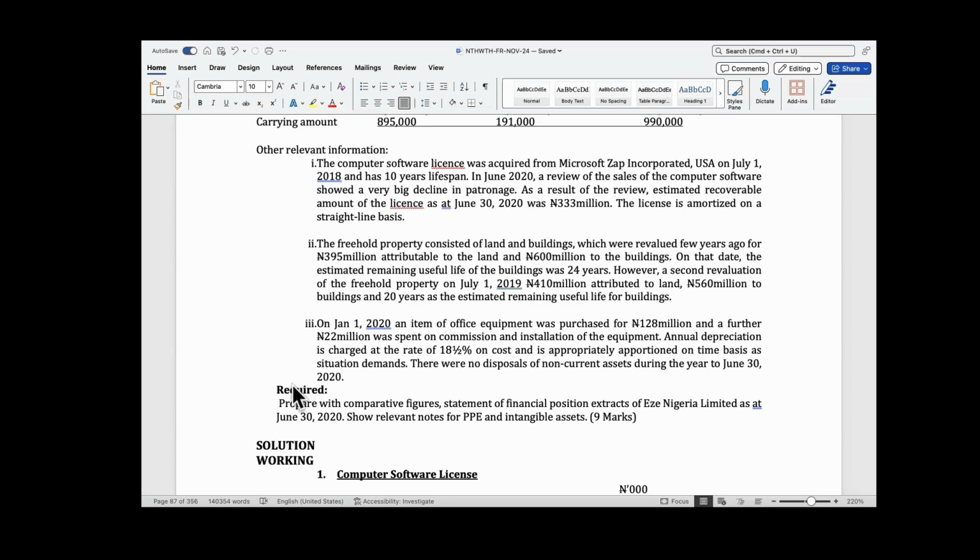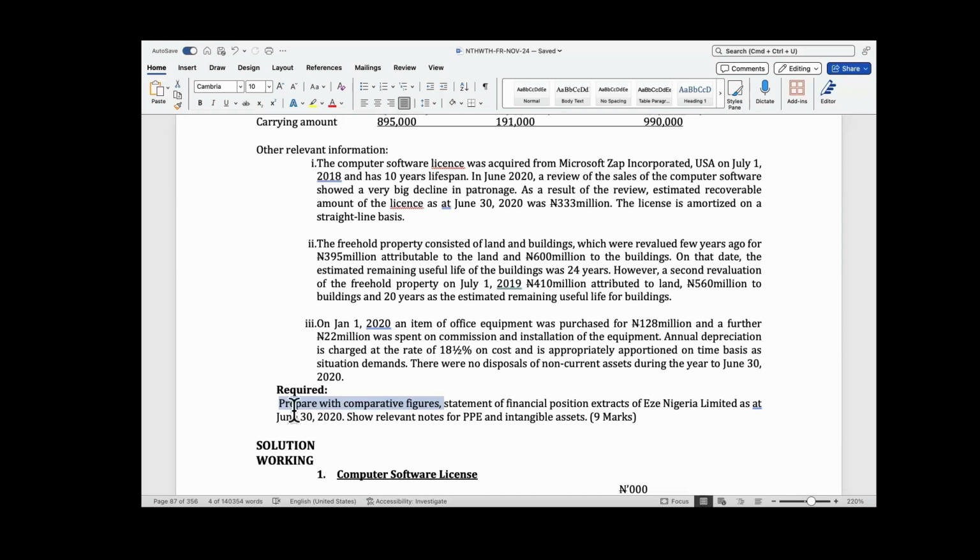So in this diet, the examiner wanted us to prepare with comparative figures, statement of financial position extract of AZ Nigeria Limited as at June 2020, show relevant notes for PPE and intangible assets for 9 marks. Okay, 9 marks, if you multiply this 9 by 1.8, that means that's the number of minutes you will spend on this question.